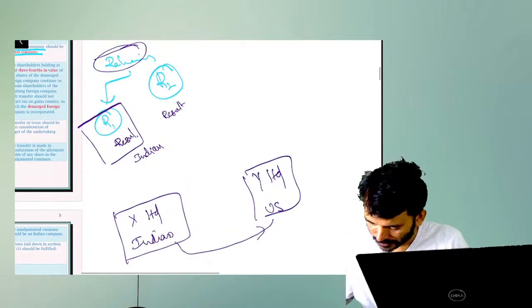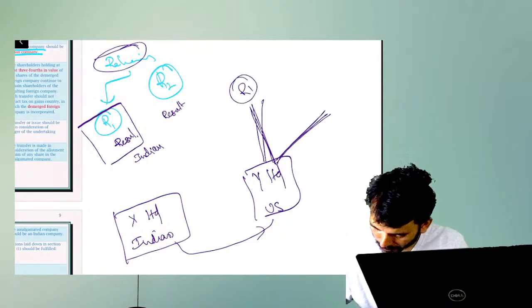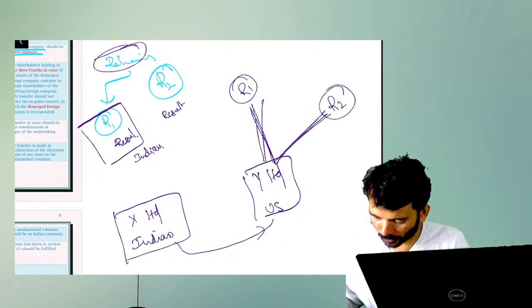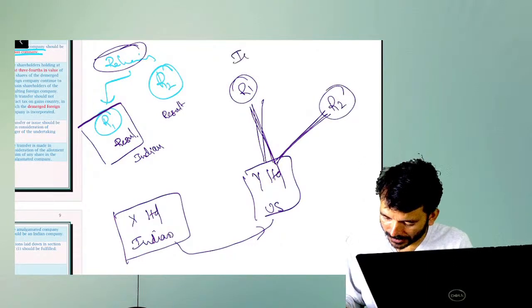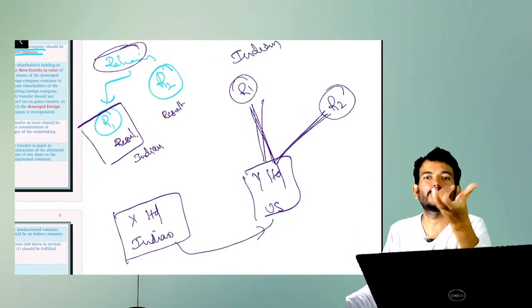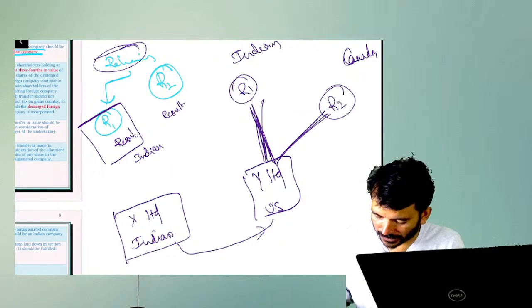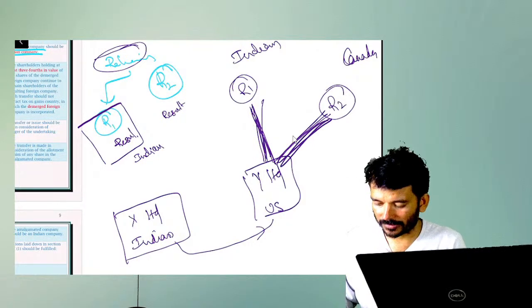Now this company is splitting into two parts, resulting R1 and R2. R1 is an Indian company because of the demerger, they are giving birth to two new companies, and this R2 is in the US or Canada, let's say. So some assets they will transfer to R1, some assets they will transfer to R2.